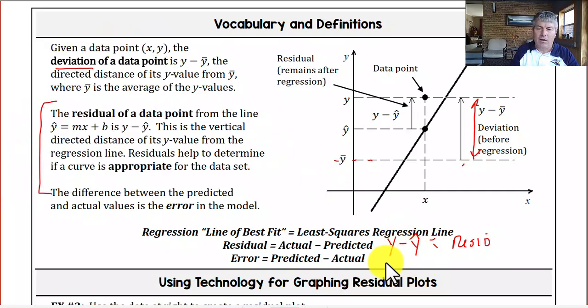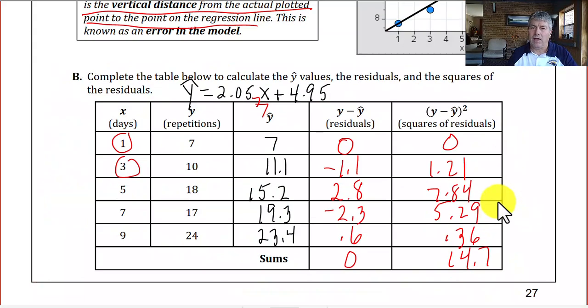The error is really the predicted y hat, because that's our predictor, minus the actual y. And if I interpreted the data right, the errors from our table would just be the opposite sign: plus 1.1, minus 2.8, plus 2.3, minus 0.6. Those are going to be our errors.